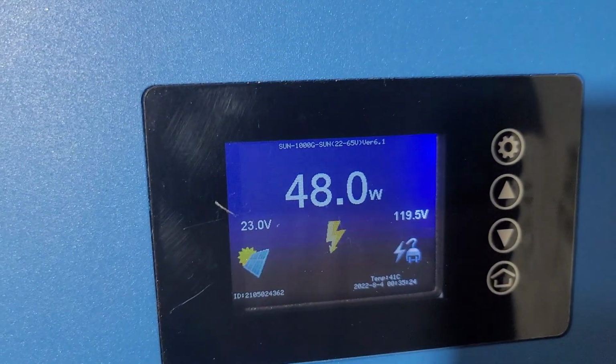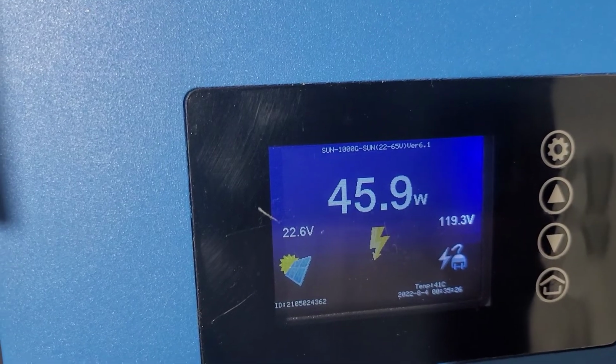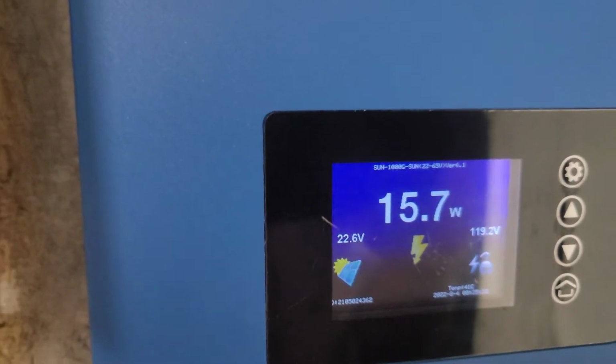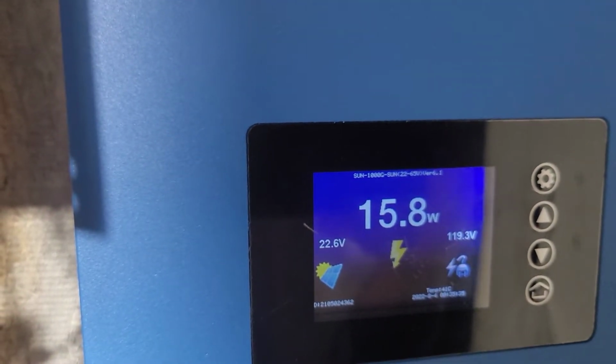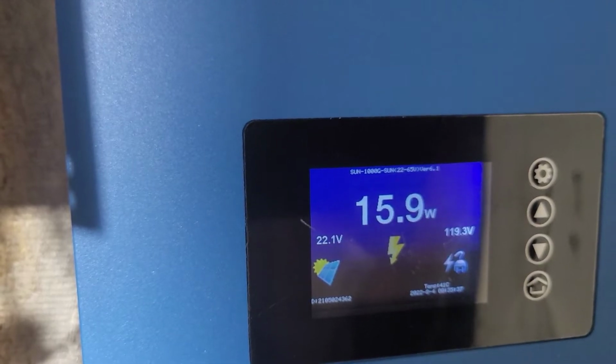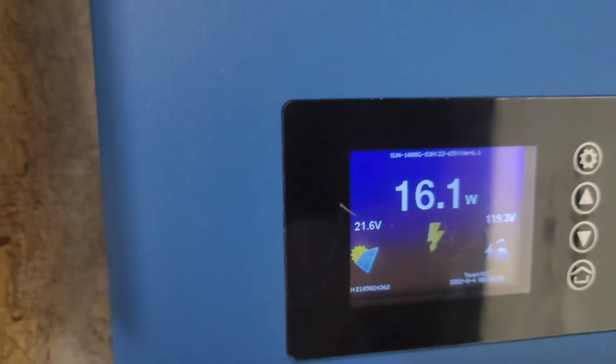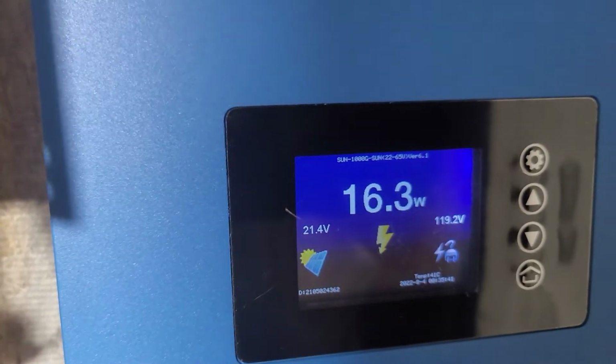Let's see how many amps I got. I got 0 amps on the other side. That means we're not charging. Let's go down to 15. Come on, go down for me.